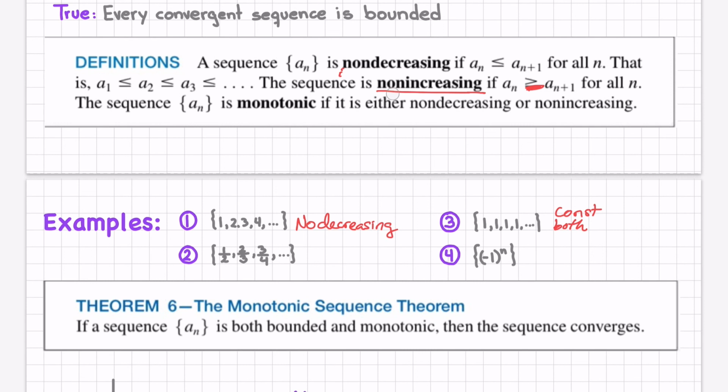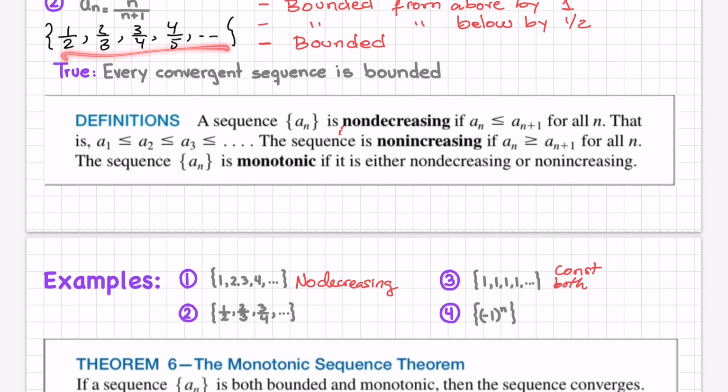Okay. Now let's look at the other example. This one right here. It is approaching 1 because the numerator is always smaller than the denominator. But as you move 1 more in the top and in the bottom, you get a slightly larger and larger number. Okay. So this thing is non-decreasing because the next one is larger than this, which is larger than that, and so on and so forth.